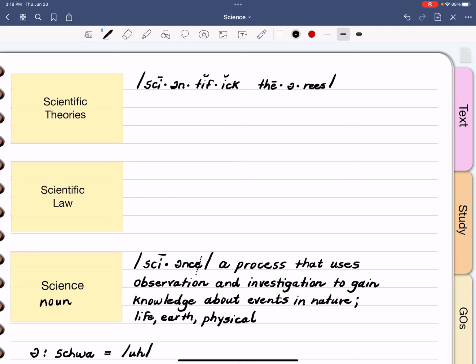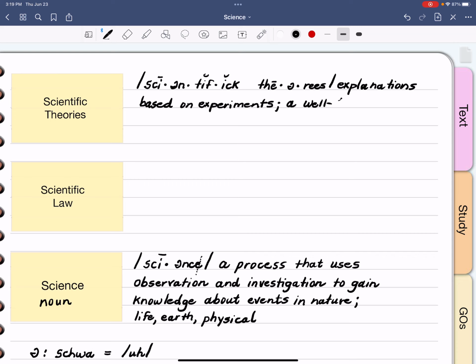Scientific theories, according to our text, are explanations. Those are things, so this is a noun. It's a plural noun, it's more than one. Explanations based on experiments. And let me see if there's anything that we need to add. Yes, let's just go ahead and add a little bit more. It is a well-tested explanation.